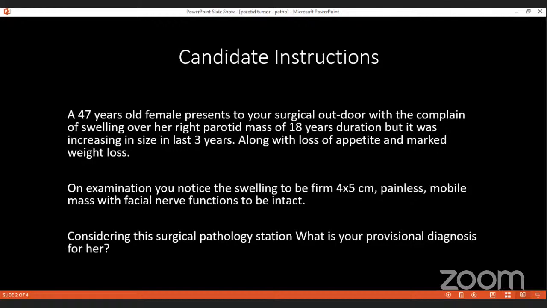Pleomorphic adenoma, and in the histology of the parotid, there's going to be lymphocytic infiltration within the stroma, and the cells are going to be enlarged.